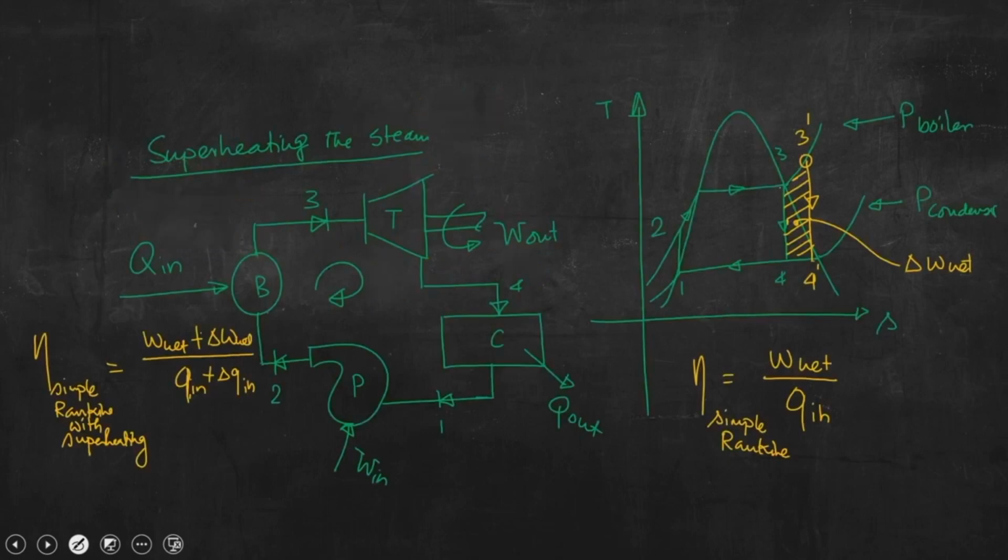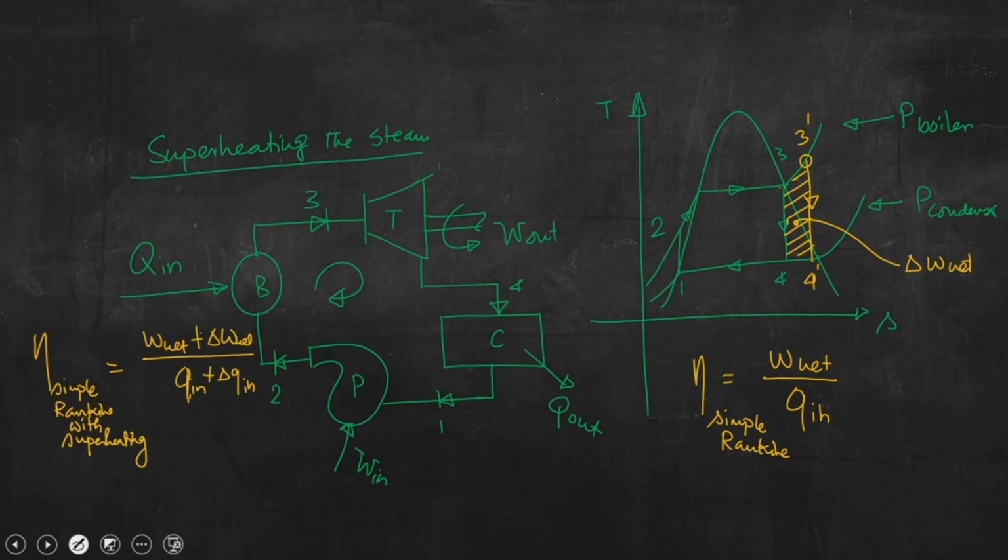If we go back to this slide, we are talking about delta W net. This is nothing but QH minus QL. You can see that if we try to superheat steam beyond point 3, we need an additional amount of heat to be supplied for the superheating.